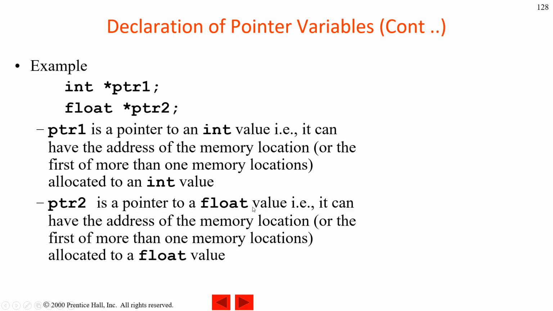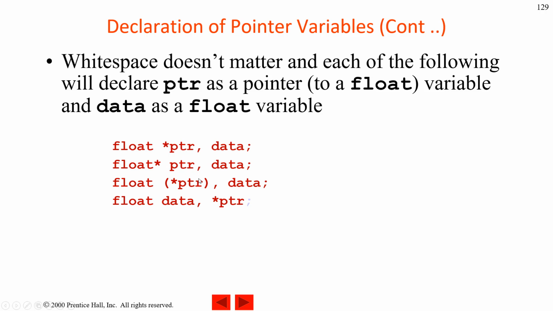ptr2 is a pointer to a float value. So let's look at some examples. White spaces don't matter here, and each of the following will declare ptr as a pointer to a float variable and data as a float variable.